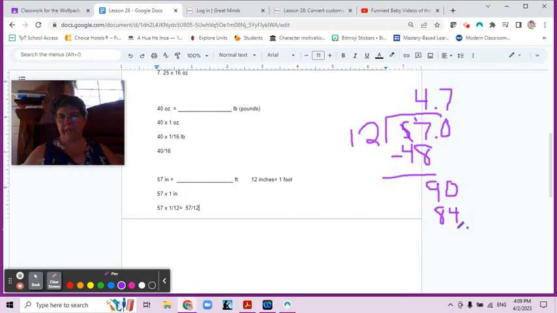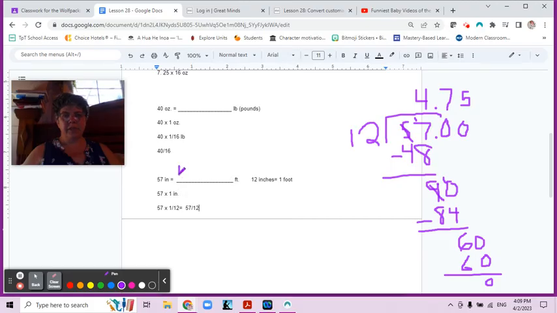Okay, and let's subtract. 10 minus 4 is 6. Put another 0. We're going to keep going all the way at least to the hundredths place, right? And I know that 5 times 12 is 60. Okay, there we go. And bring it all the way till it's zeroed out so you know you're done.